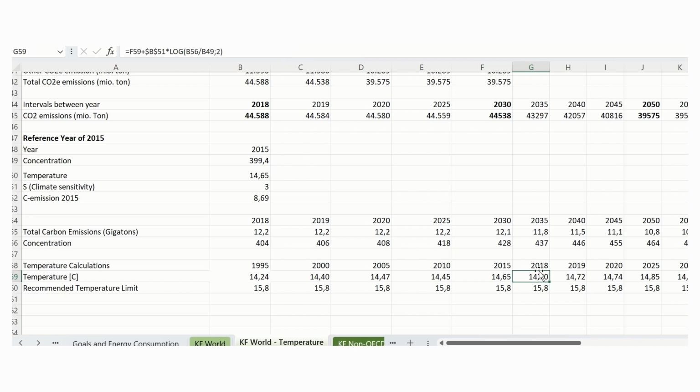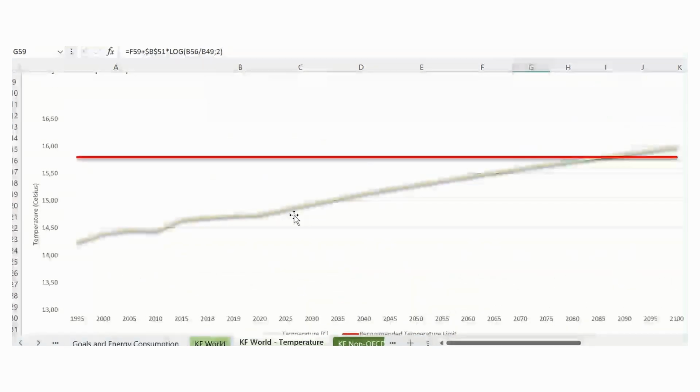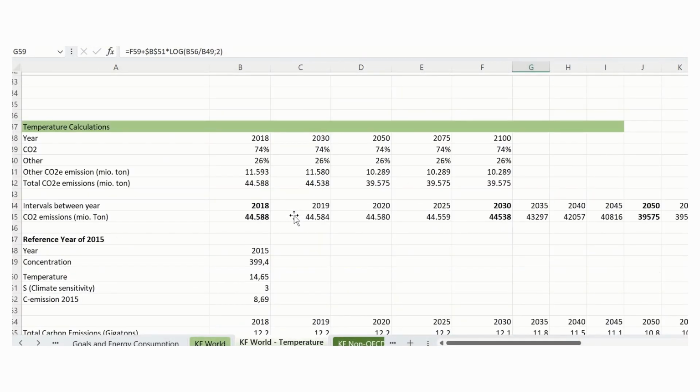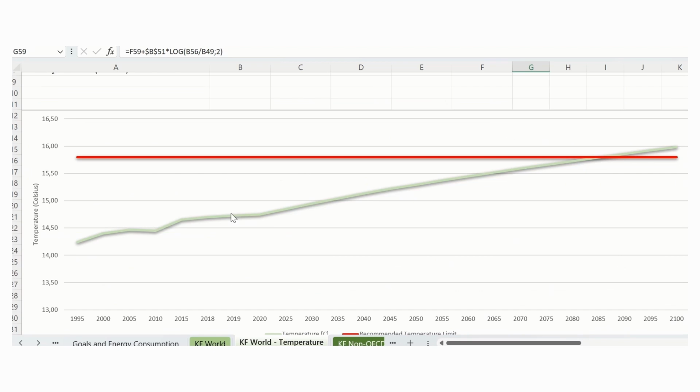This temperature calculation is based on this formula here, which is the formula I showed you, from the very simple climate model. But as a user, you only have to decide whether you will change this value here, the climate sensitivity. And then, when you do your scenario calculations, you can see here how the temperature will increase.